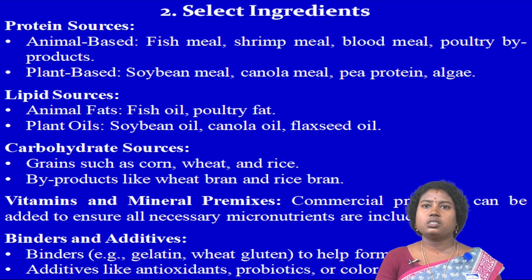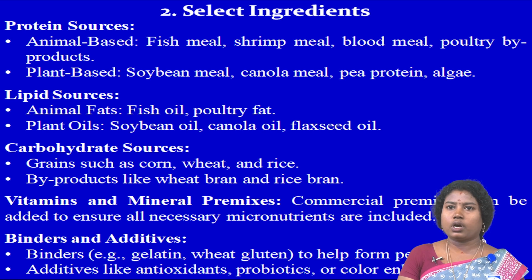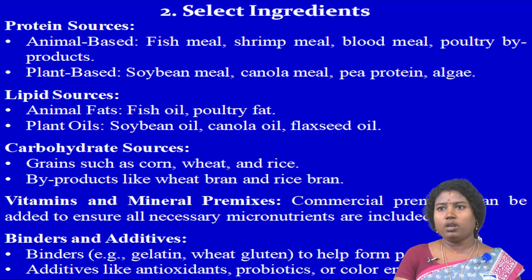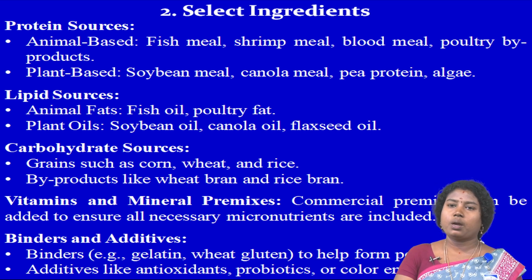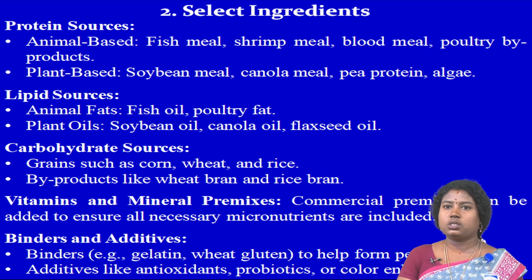Select the ingredients. Protein sources. Animal-based sources include fish meal, shrimp meal, blood meal, and poultry byproducts. Plant-based sources include soybean meal, canola meal, pea protein, and algae. Lipid sources.